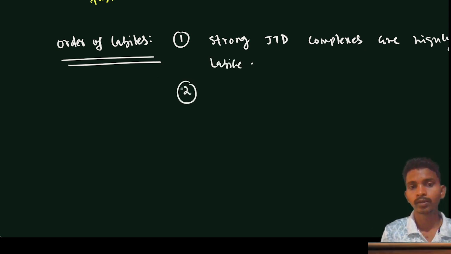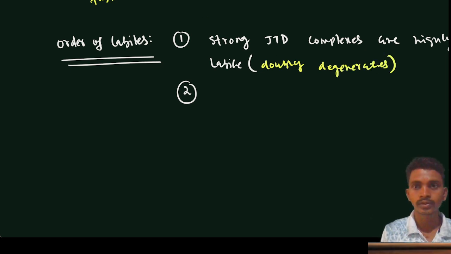Then comes the question: strong JTD means which type of compounds? Those that are doubly degenerate.